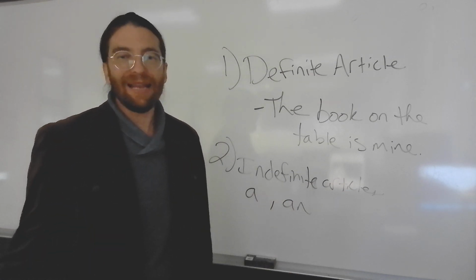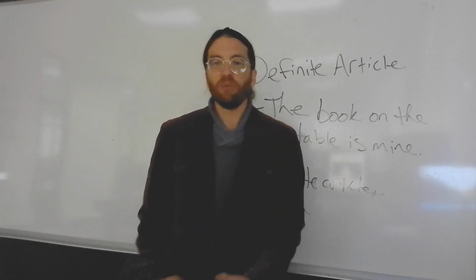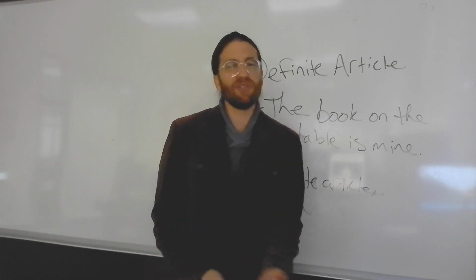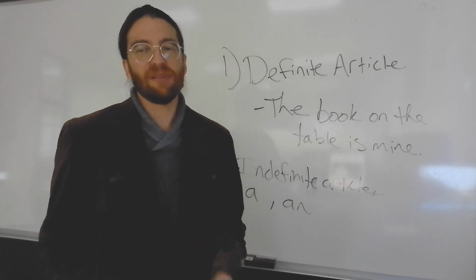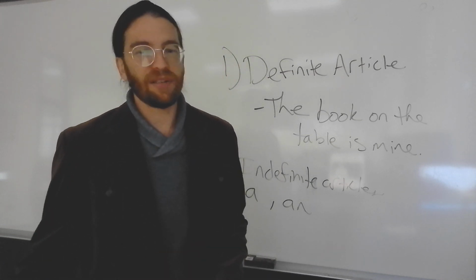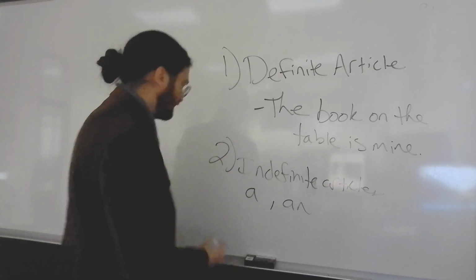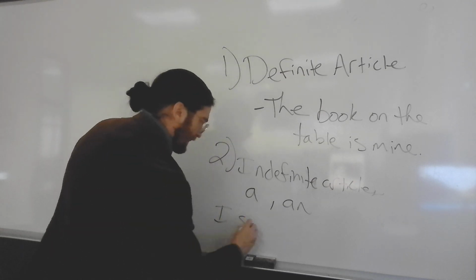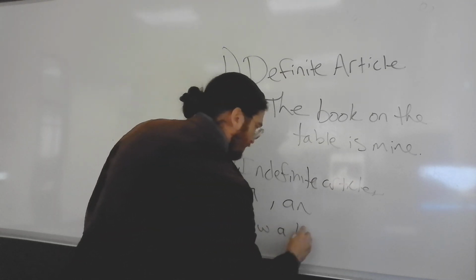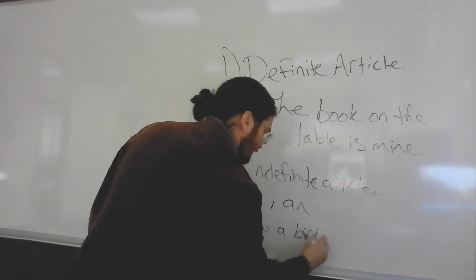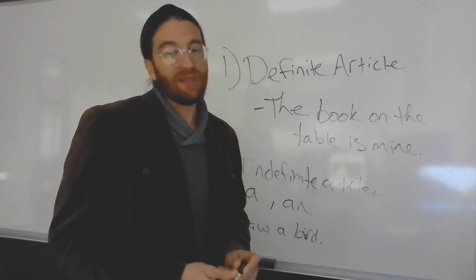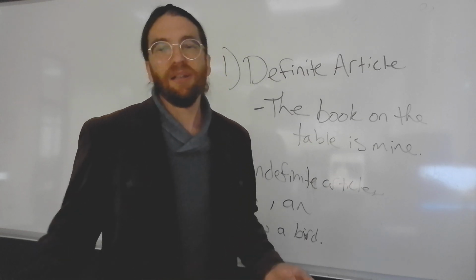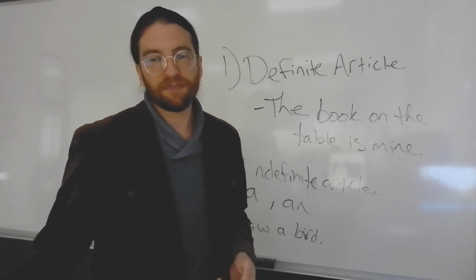We use a and an when we're talking about something general but not very specific, such as I saw a bird. I saw a bird. Not specific, it's more general.